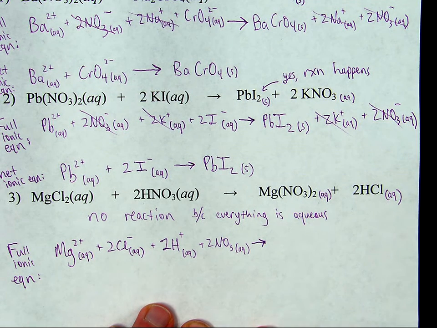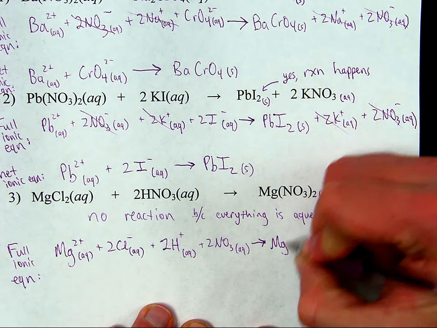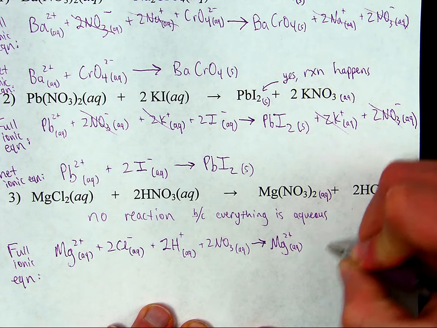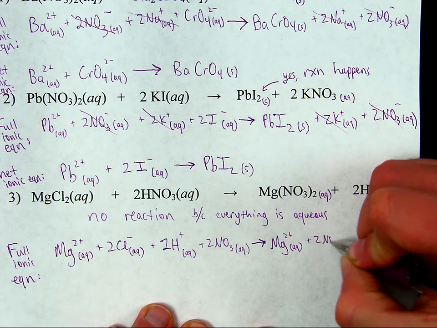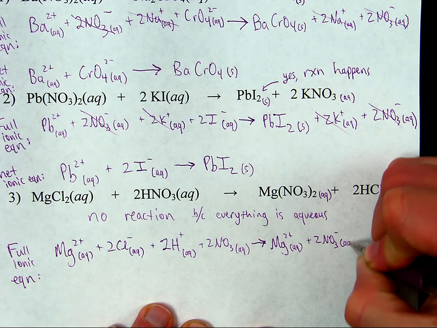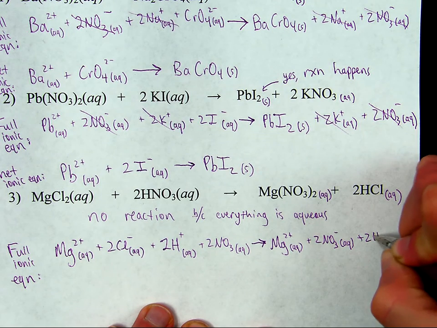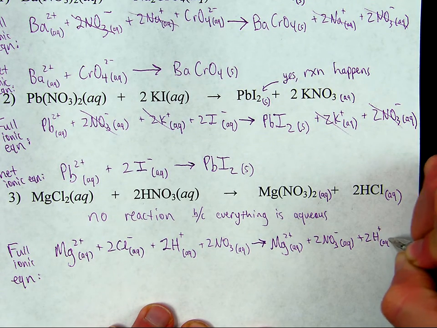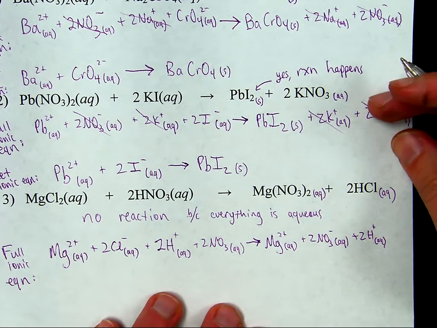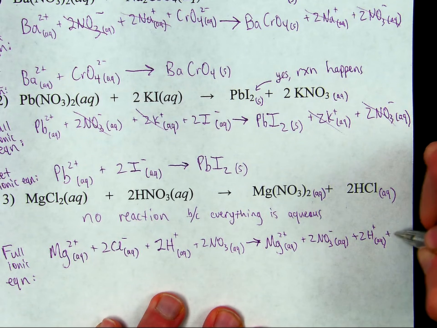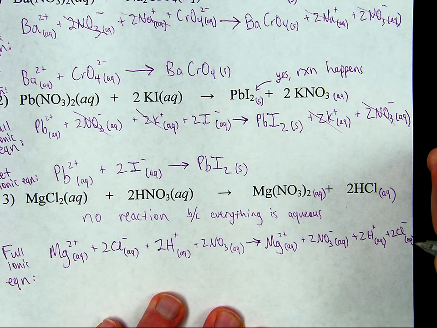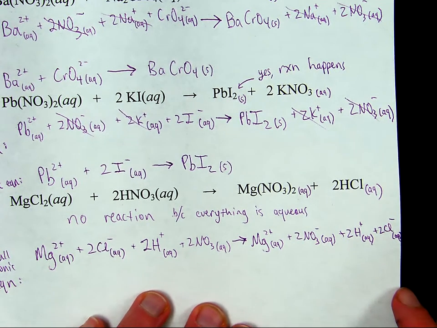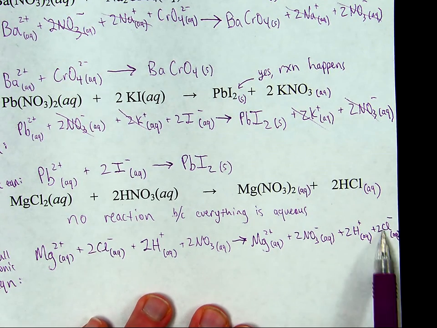So magnesium, aqueous, plus 2 nitrates, aqueous, plus 2 hydrogens, aqueous, I'm almost out of space here, plus 2 chlorides, aqueous. Ran out of space on the edge of the paper, but I think you get the idea. Okay, there's the 2 chlorides, aqueous with a minus charge.